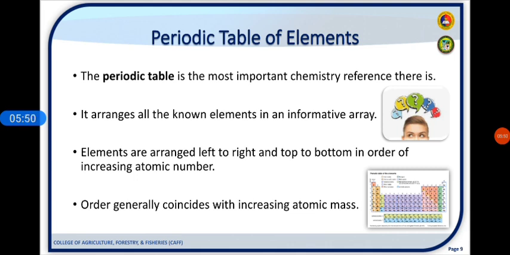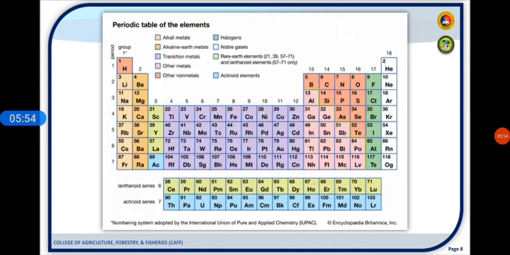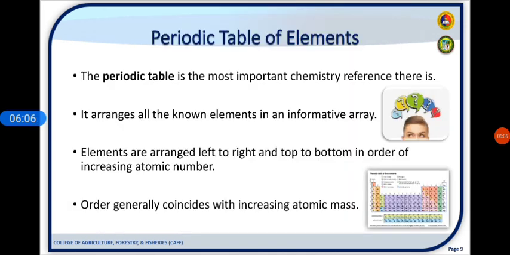The periodic table is the most important chemistry reference there is. Why? Because it arranges all the known elements in an informative array. As you have observed, elements are arranged according to increasing atomic number, and as we have mentioned previously, it is also arranged according to its atomic weight. Elements are arranged left to right and top to bottom in order of increasing atomic number. Order generally coincides with increasing atomic mass.